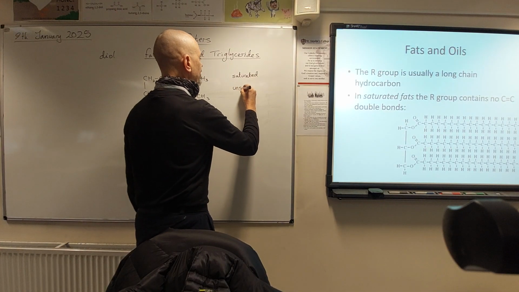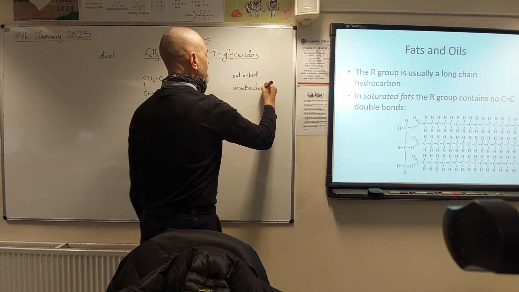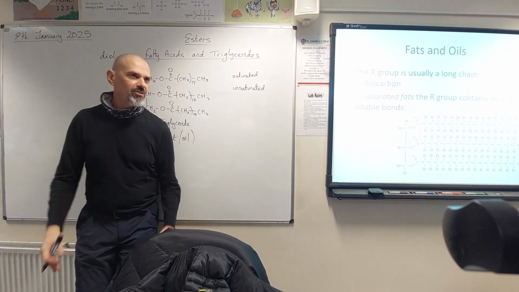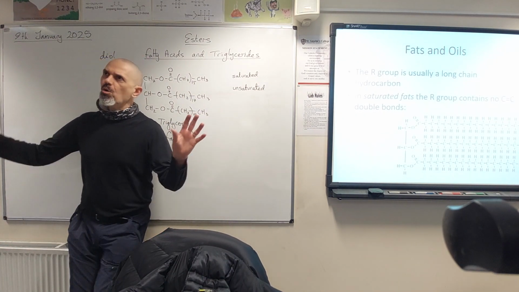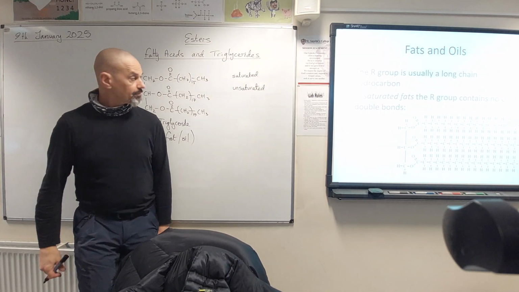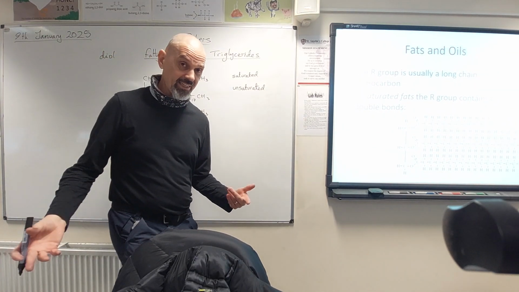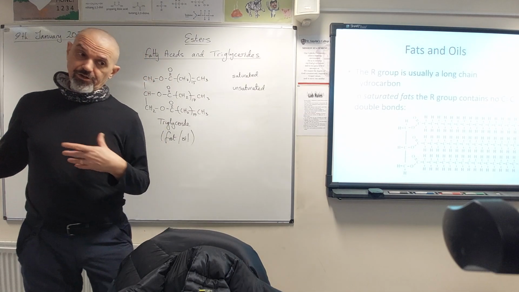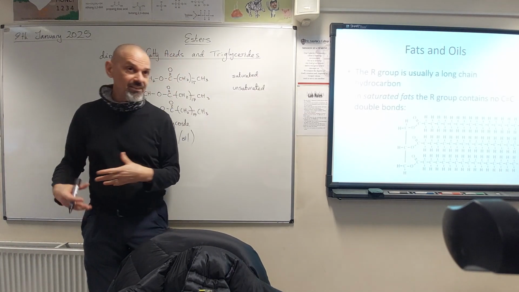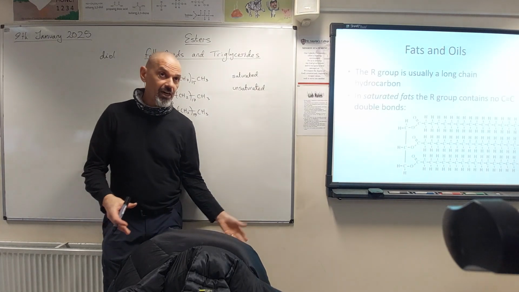And fats and oils can, of course, be saturated or unsaturated. And you've probably seen these words bandied around. They're used in food labelling, no saturated fats, and so on. And they mean the same thing as they mean in chemistry. Saturated means no carbon-carbon double bonds, and unsaturated means contains carbon-carbon double bonds.